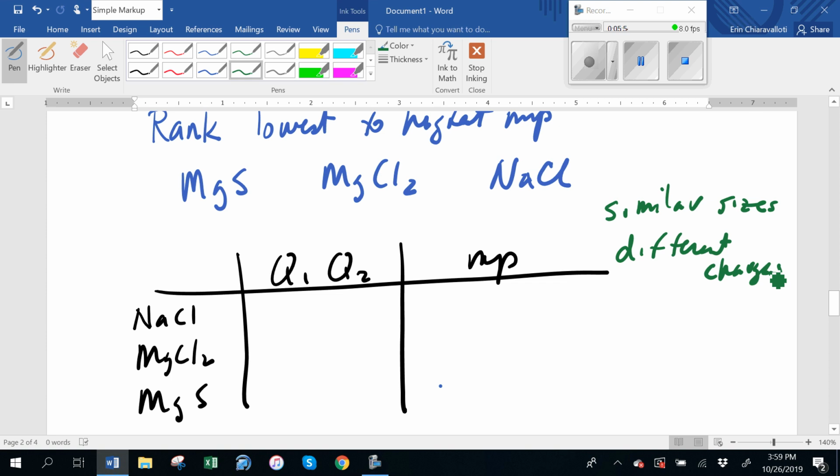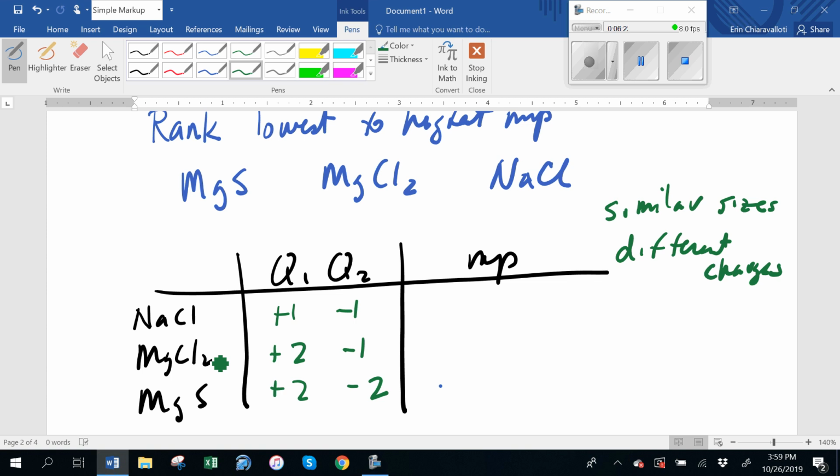So the sizes are going to be the same. So if I'm looking at the charges, I'm going to have a +1, -1, a +2, -1, and a +2, -2. Remember that if you have magnesium chloride, you never count the two chlorides that give the formula unit. It is just the interaction between one cation and one anion.